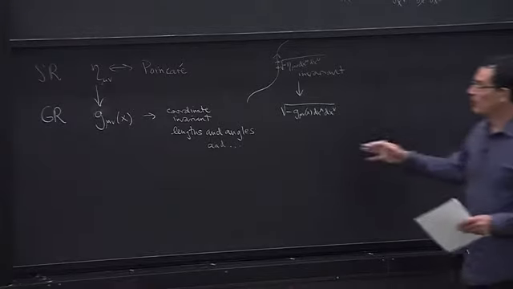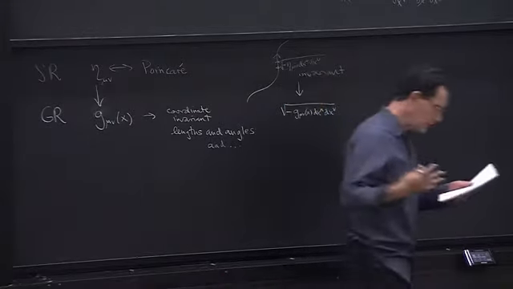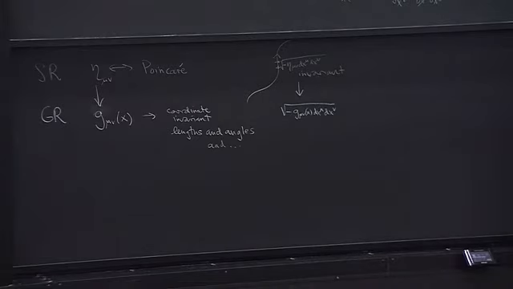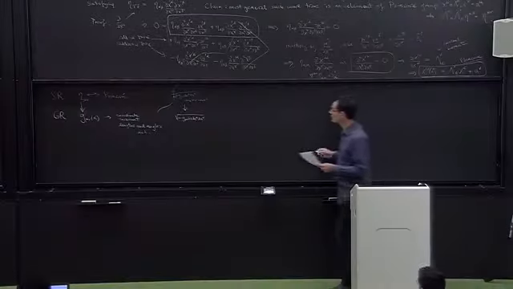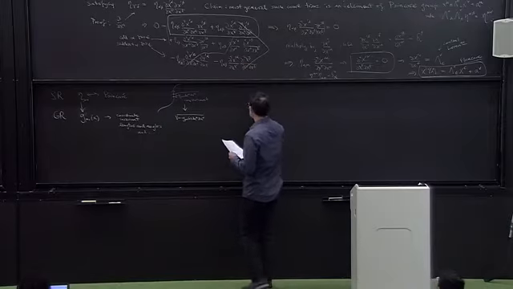Okay, so we want to go from eta to g. Well, how should g transform under coordinate transformations? The idea is just to generalize this.